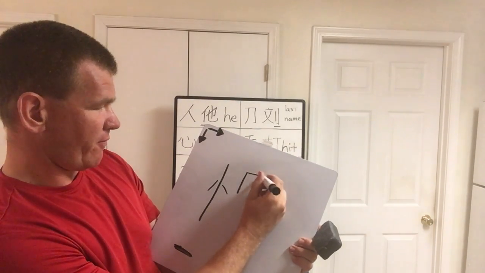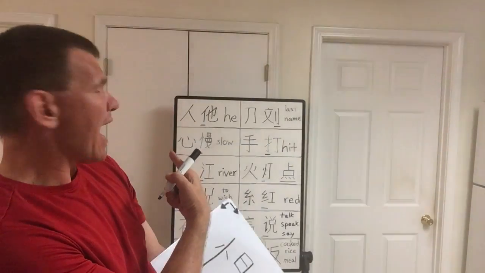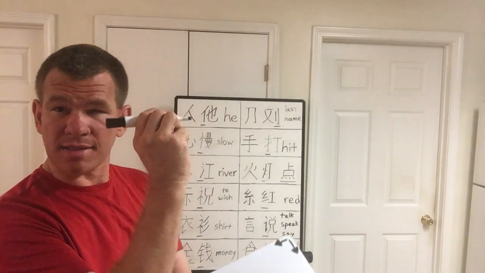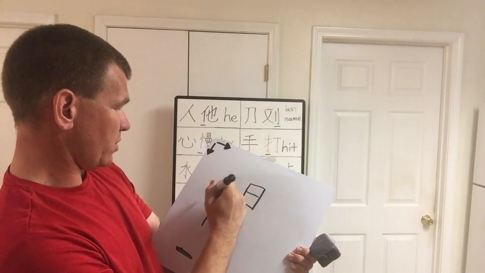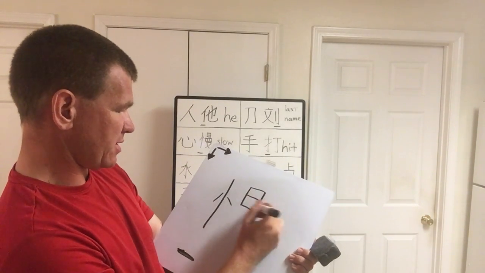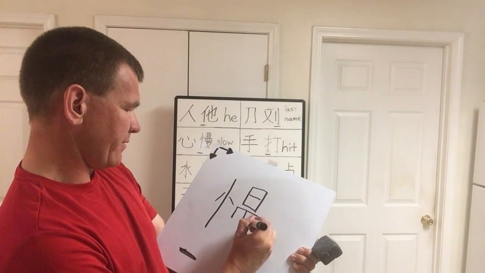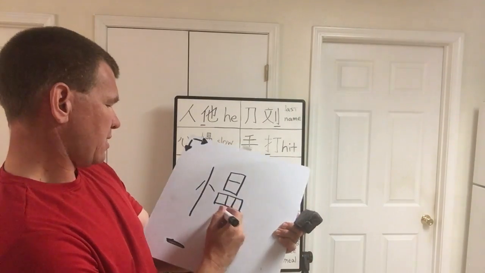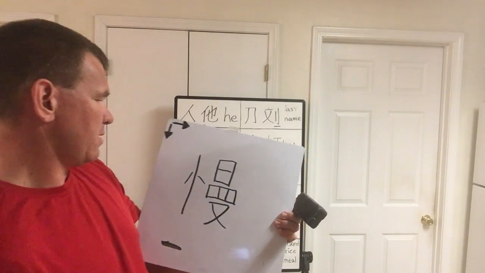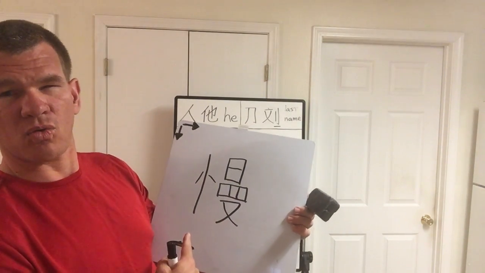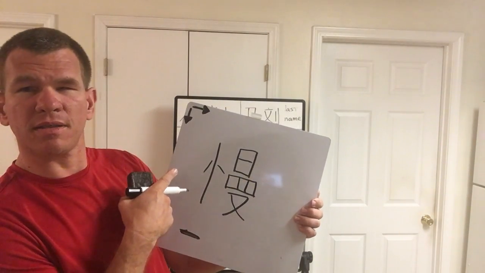So 4, 5, 6, 7. This one is eye. Only eye is sideways. So 1, 2, 3, 4, 5, 6, 7, 8, 9, 10, 11, 12, and 13, 14. So this means slow, this character. And the radical heart is on the left side.